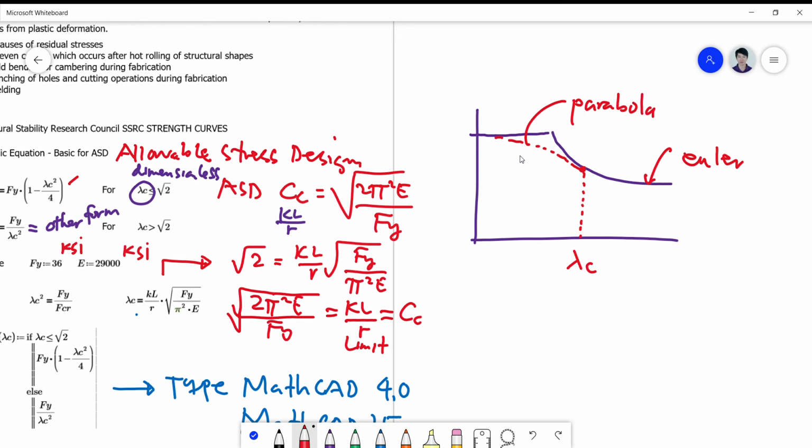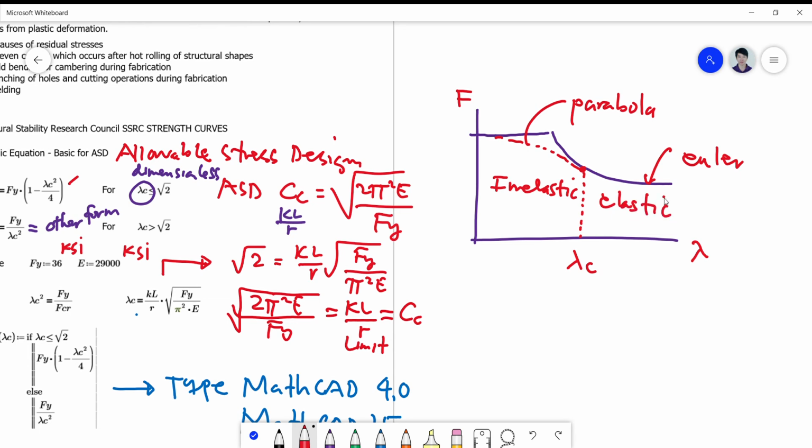So all of the values of your F, okay, so this is your F versus lambda sub c or lambda, will fall on this curve, eventually are on the inelastic mode of failure, and those that fall beyond this curve and touch the Euler curve will be on the elastic mode of failure.